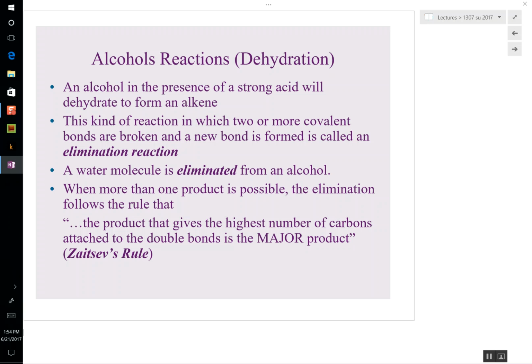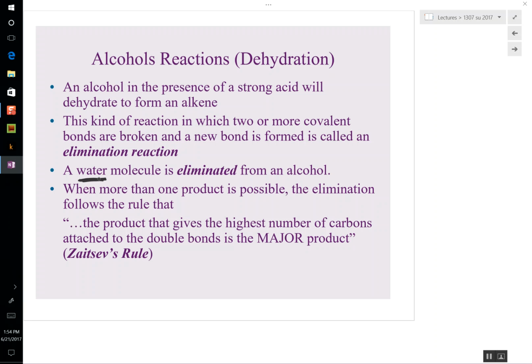So let me take a simple alcohol where you can only get one product. An alcohol in the presence of a strong acid will dehydrate to form an alkene. This kind of reaction in which 2 or more covalent bonds are broken and a new bond is formed is called an elimination reaction. And what is being eliminated is a water molecule. A water molecule is eliminated from an alcohol.